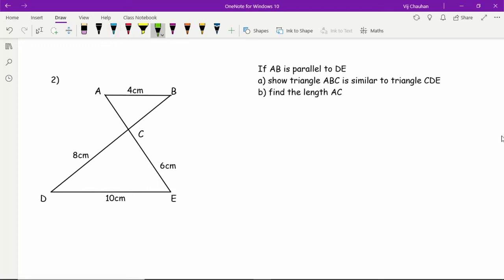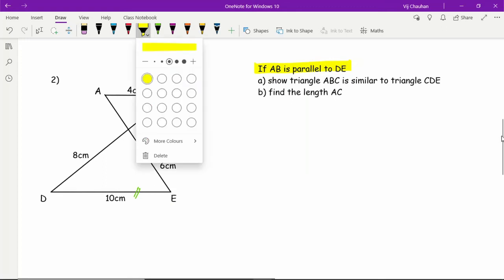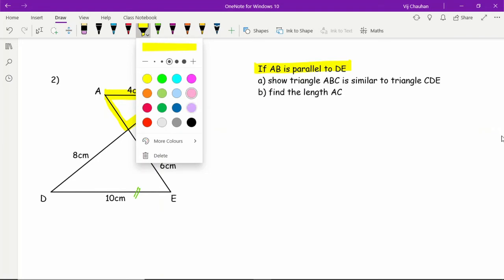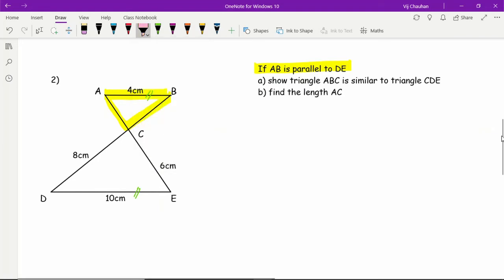So in other words, what you might find is that these two lines might be marked, or it might tell you in the question like it does here. So just like we did before, we've got to prove that angles are the same for both those two triangles. So if I just highlight this triangle first, that's one triangle I'm working with, and let's use another highlighter to highlight this triangle here.